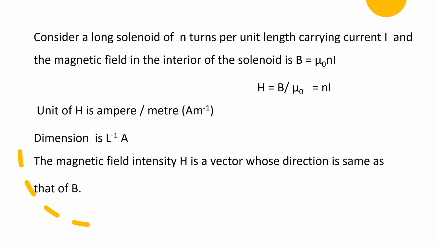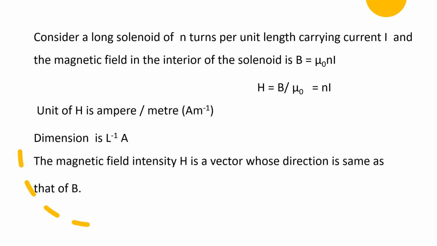Therefore, H can be represented as H equal to B by mu 0, equal to nI. And the unit of H is ampere per meter and the dimension is L raised to minus 1 A.